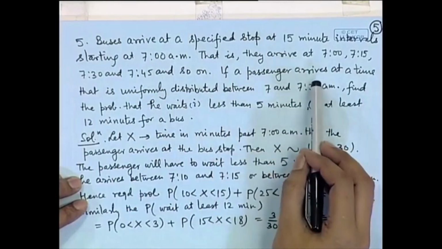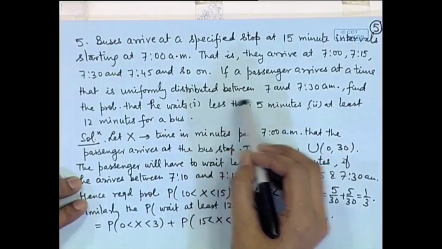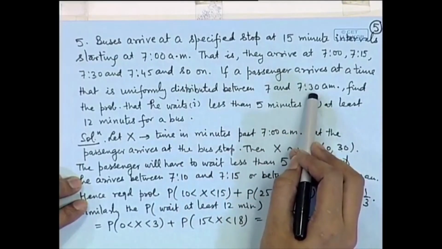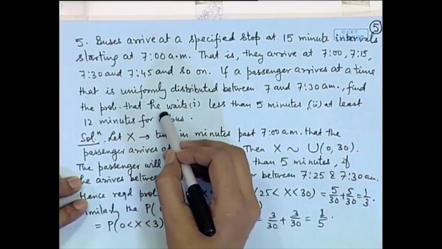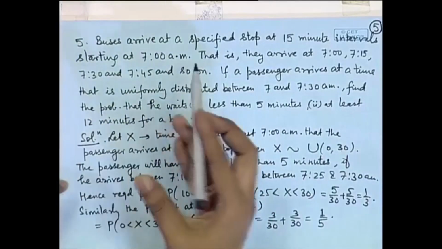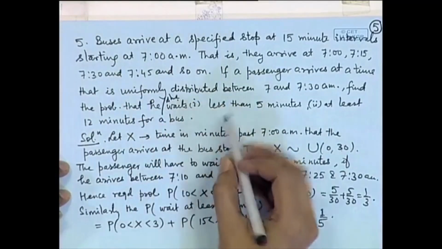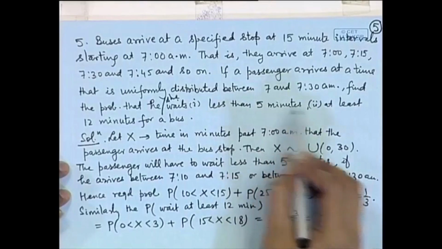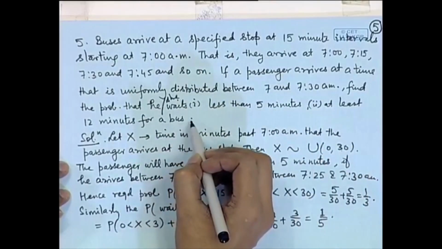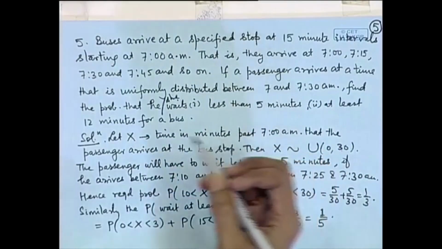If a passenger arrives at a time uniformly distributed between 7 and 7:30 a.m., find the probability that he has to wait for less than 5 minutes or at least 12 minutes for a bus. That means, when he comes, he will get a bus in less than 5 minutes.